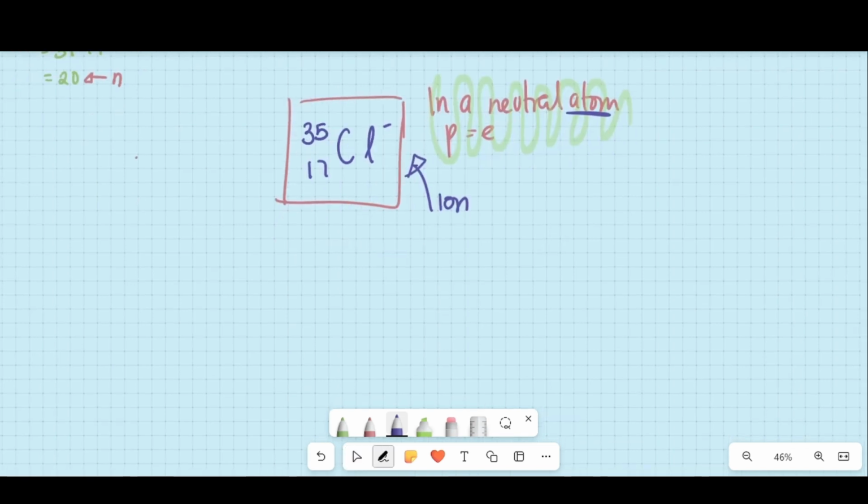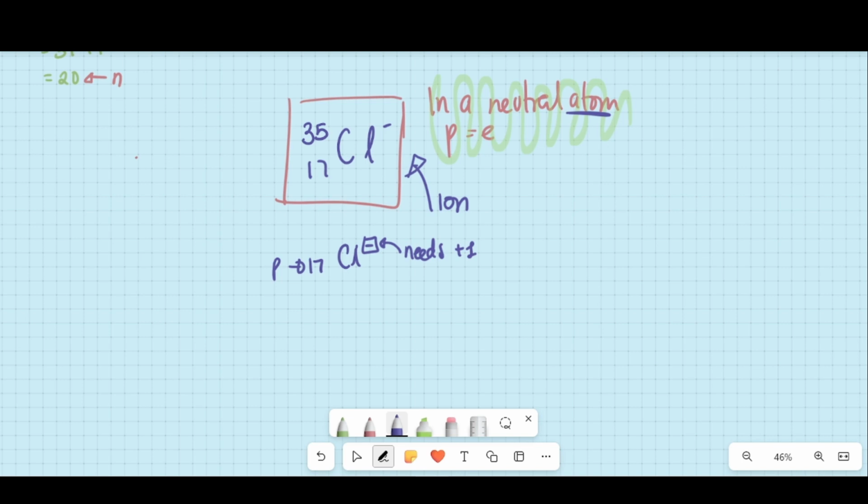What does it mean? Initially you would expect chlorine to have 17 protons. However, because of its negative charge, it needs one more electron. It's asking, can anybody give me one more electron?